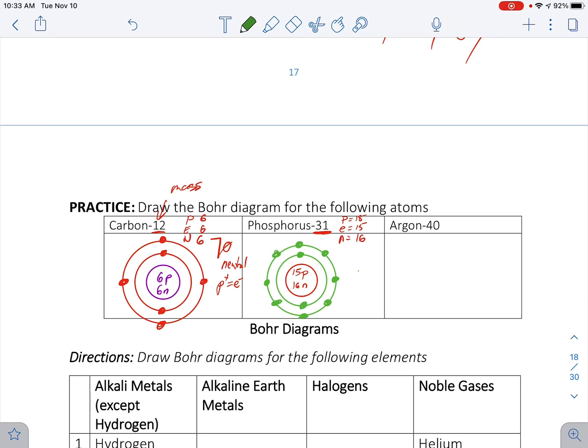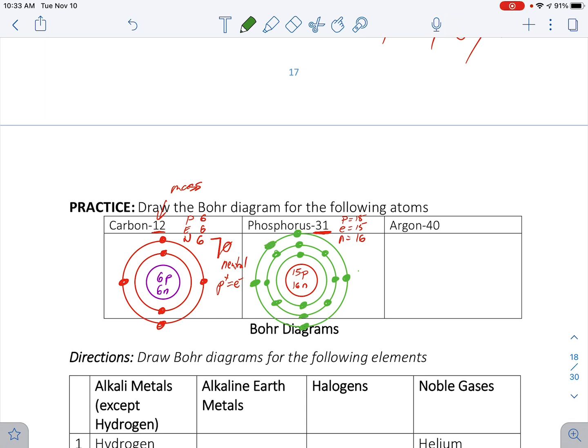Okay, so I'm at 10 electrons, but I'm not done yet. I need that third shell, and I'm going to put in my last couple. So I was at what did I say? 8, 9, 10, 11, 12, 13, 14, and a 15.